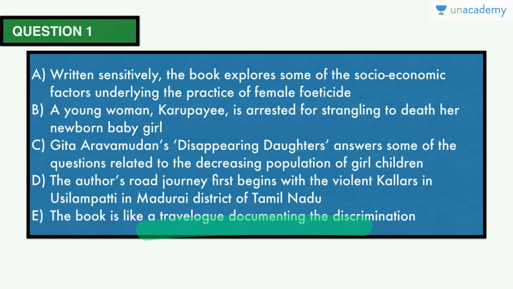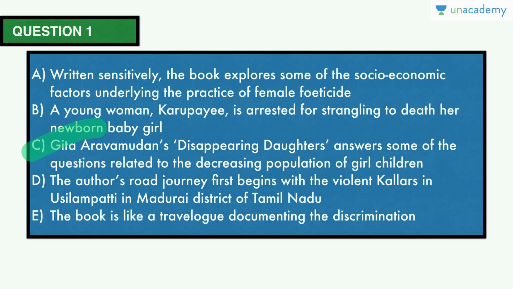So if you're talking about a travelogue, we can talk about the road journey after that. First begins with the violent colors in Usalampati in Madurai district of Tamil Nadu. A young girl is arrested for strangling to death her newborn baby girl.